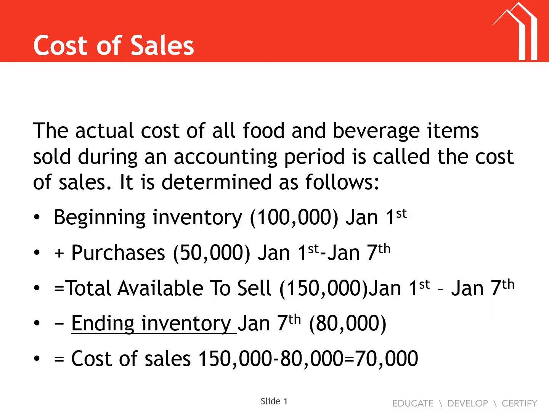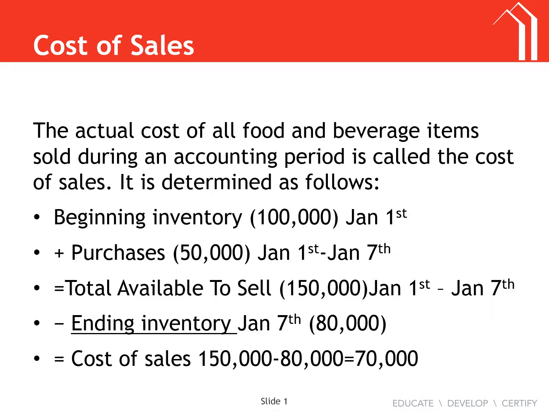So let's say on January 2nd, you get an order from Sysco coming in for $30,000. January 5th, you get an order from another supplier, which is $10,000. On January 6th, you have an order from the liquor store or the beer distributor for another $10,000. If you add up all the invoices, you purchased $50,000 worth of product from January 1st to January 7th.